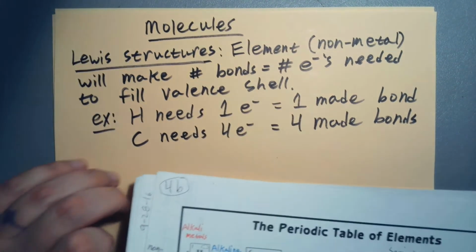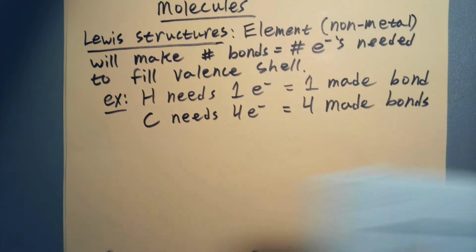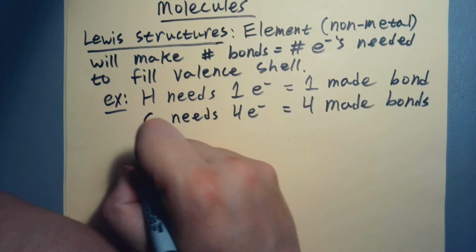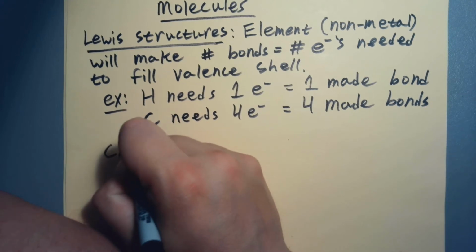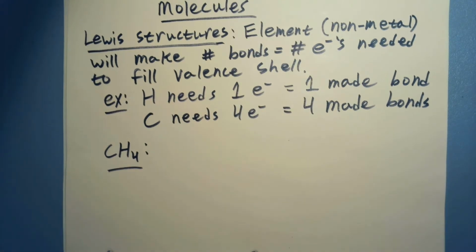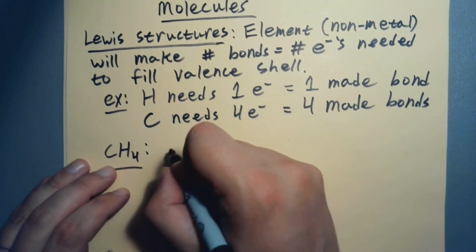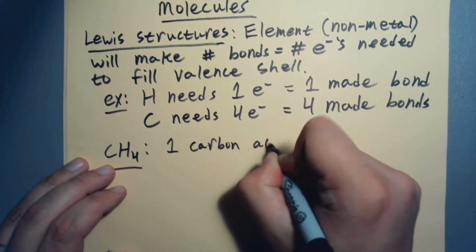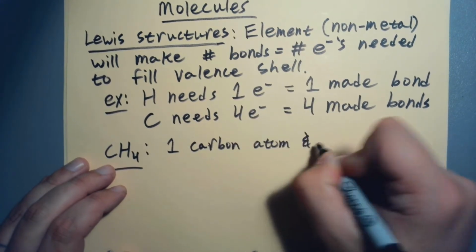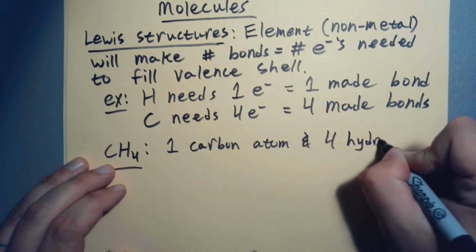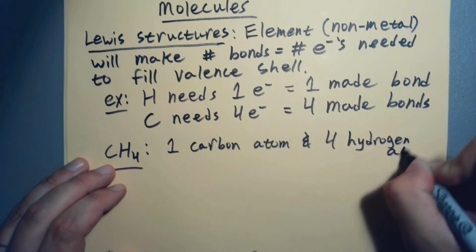Alright, now here is what happens. So let's look at CH4. How do you know it's CH4? Because I told you it's CH4. So what that means is there's 4 hydrogens. So we have 1 carbon atom and 4 hydrogen atoms.